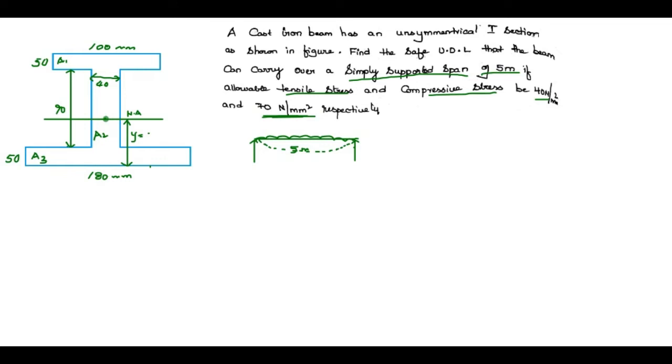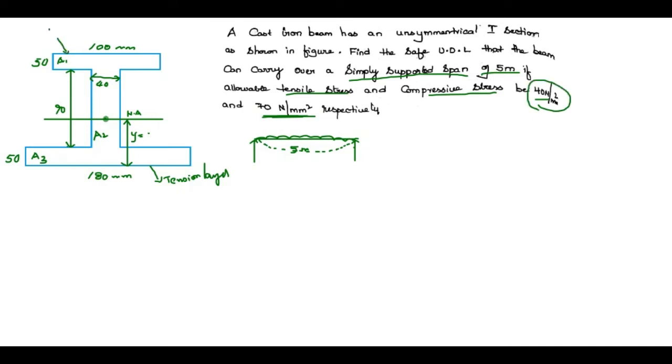The topmost layer will have maximum compressive stress and the bottommost layer will have maximum tensile stress. If you see this figure, this is the tension layer. In this bottommost layer, the maximum tension should not exceed 40 Newton per mm square.